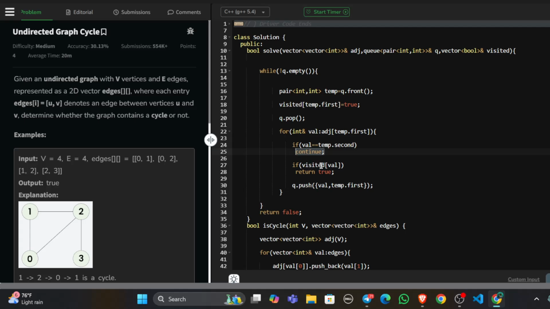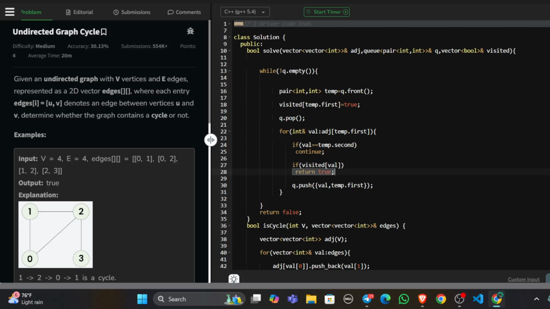If the value is visited, and this one means we went on this line, this is not the parent one. That's why, in the next line, if their value is visited, it's true, then we simply continue.